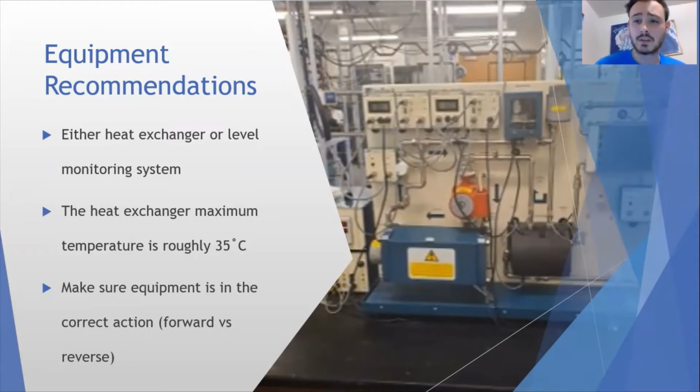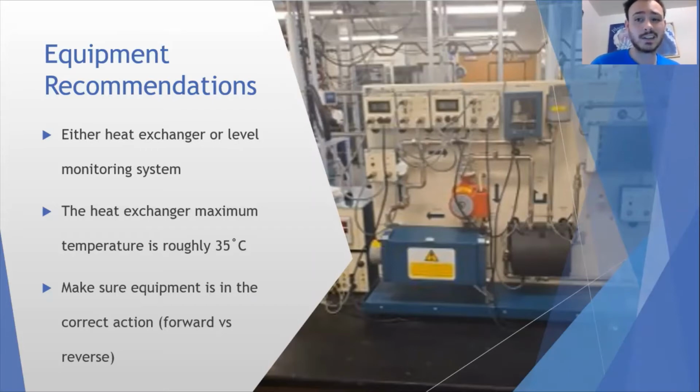The equipment recommendations will vary depending on which of the systems you are using. You will either be using a water level system or a temperature system, and you will be measuring those variables respectively. For the heat exchanger system, you want to look at temperatures below 35 degrees Celsius. That includes your starting point and any adjustments that may be made to your starting point.